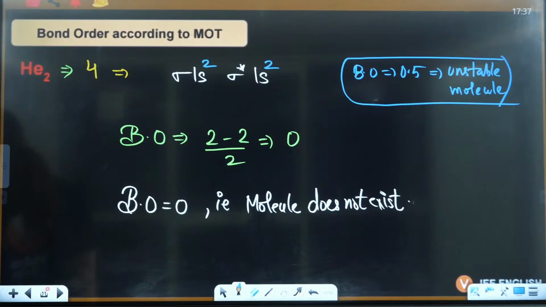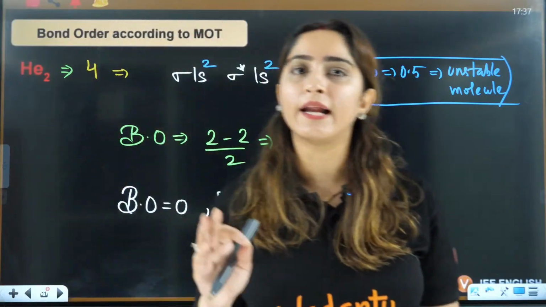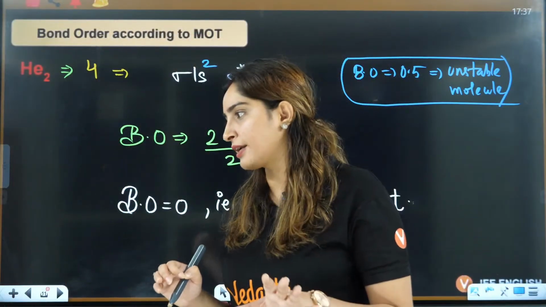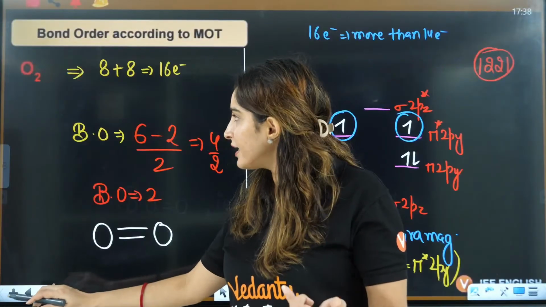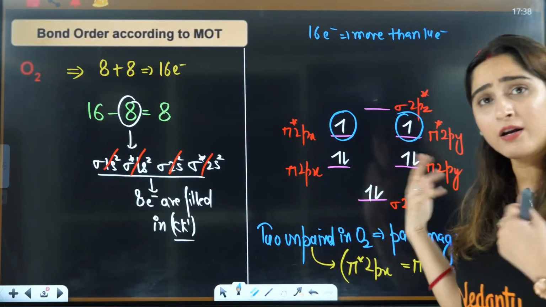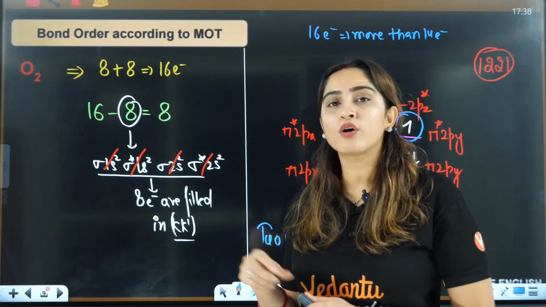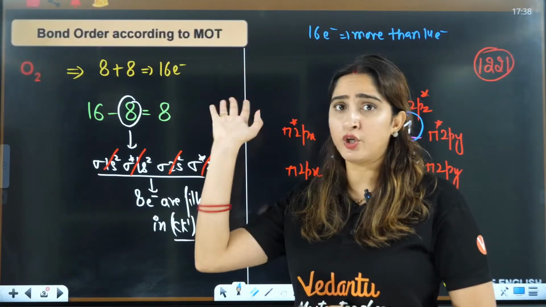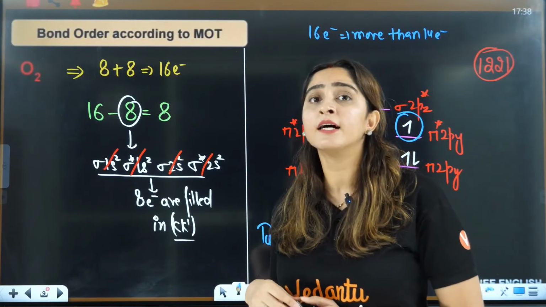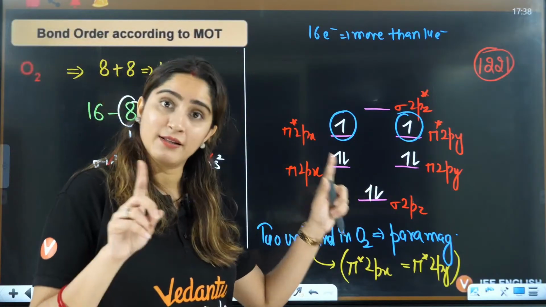In any orbital, if there is an unpaired electron, that will be paramagnetic. It's just that in oxygen the unpaired electrons occur in the anti-bonding orbitals. The question they ask is: oxygen is paramagnetic, statement true; and the unpaired electrons are in the anti-bonding orbitals, that is also true.